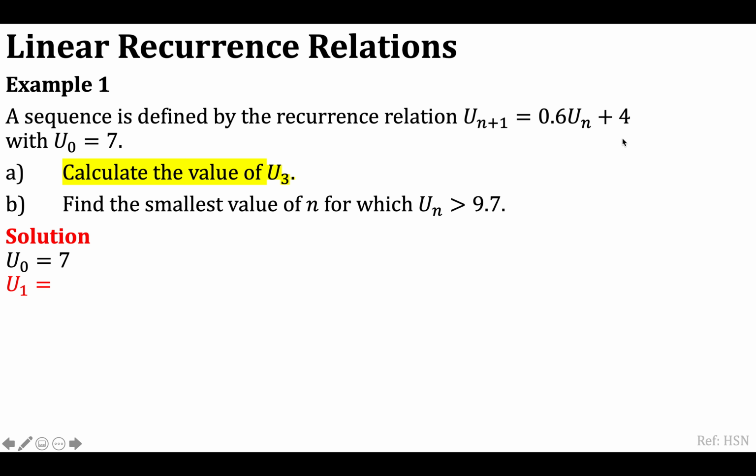If I make this u_1, that means this here would be u_0. So u_1 = 0.6 × u_0 + 4. I know u_0 is 7, so I can put that into my formula: 0.6 × 7 + 4, and putting that into my calculator gives me 8.2.